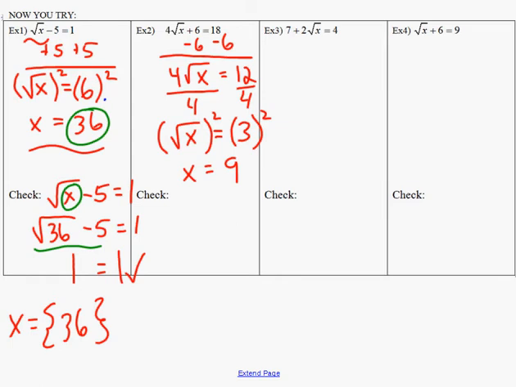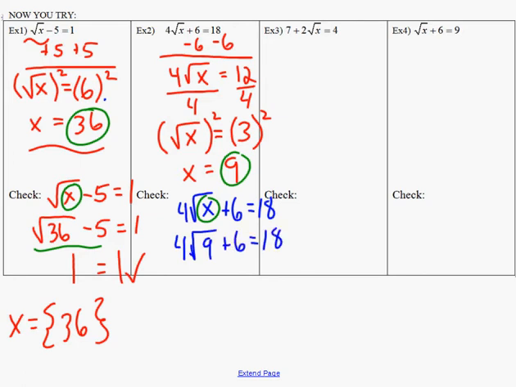And again, we're going to go through here and we're going to check this. So to do our check, we're going to rewrite the original equation: 4 times the square root of x plus 6 equals 18. And now I'm going to substitute 9 right in for my x. So I have 4 times the square root of 9 plus 6 equals 18.